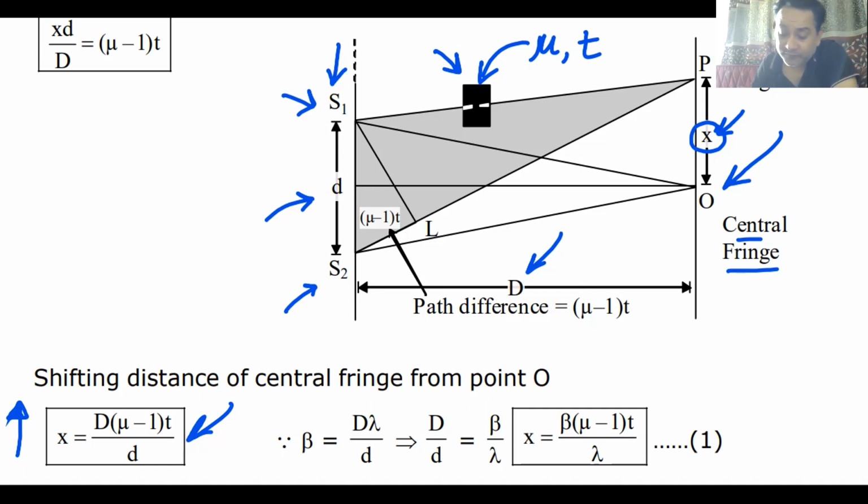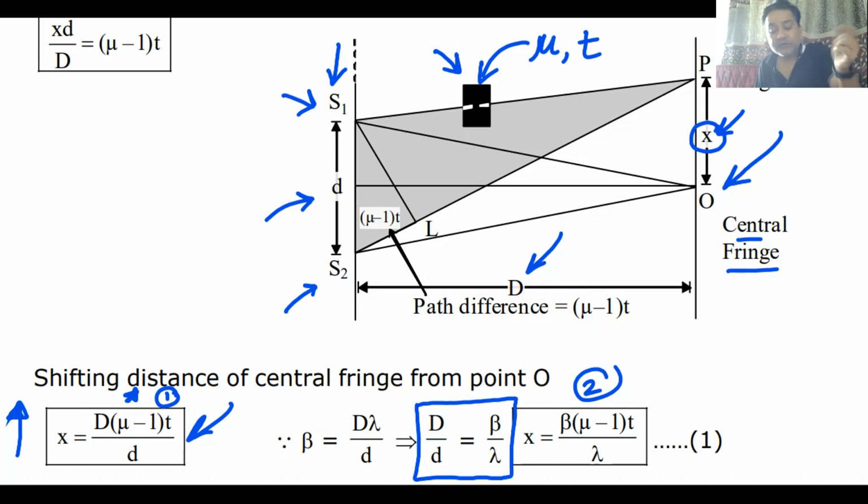This formula number 1 is in terms of capital D and small d. Remember, capital D by small d can be written as beta, the fringe width, divided by lambda. So instead of capital D by small d, you can write this formula in terms of beta and lambda.